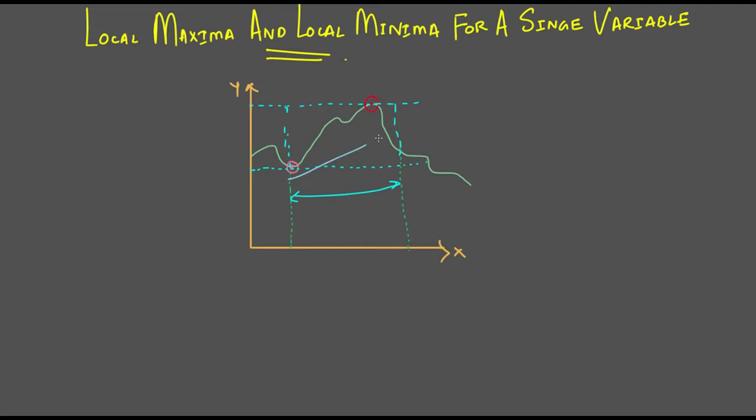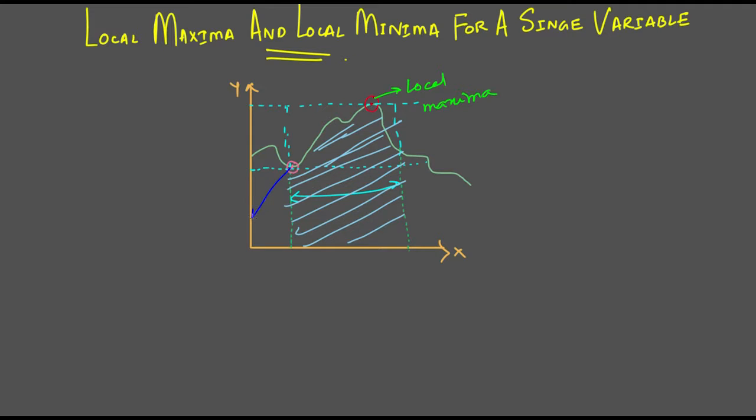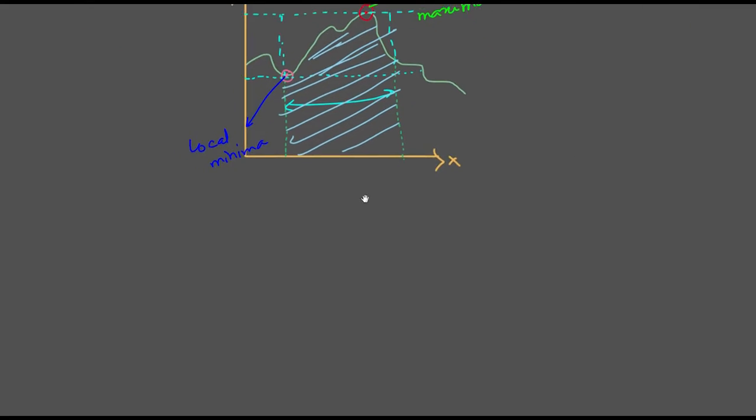So from this whole area, we get the local maxima, and this is local minima. Anyways, you get the idea, right? What is local maxima, what is local minima?